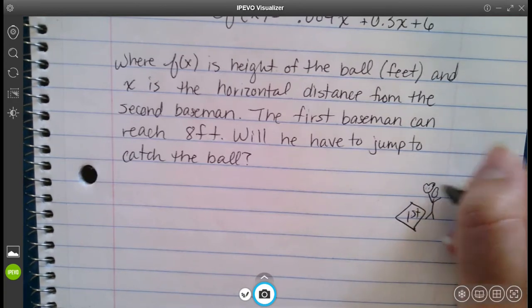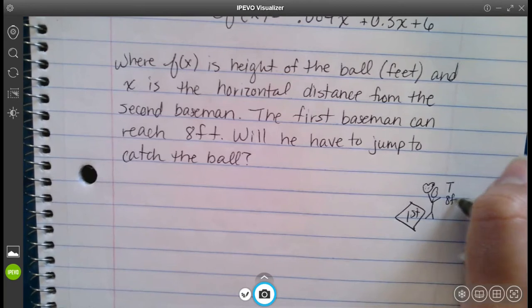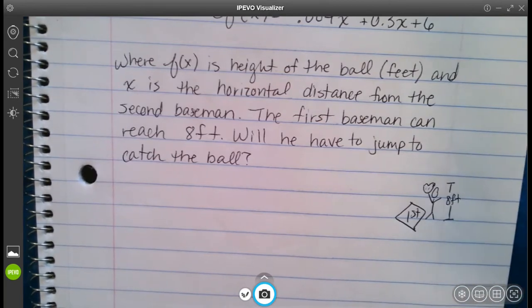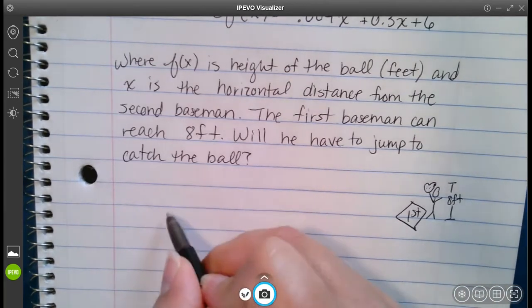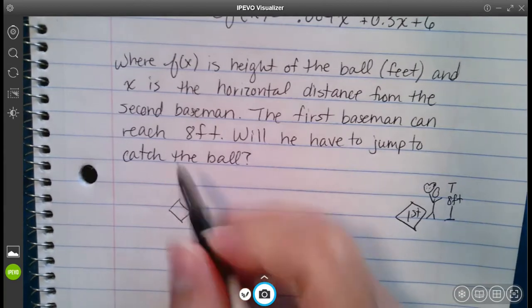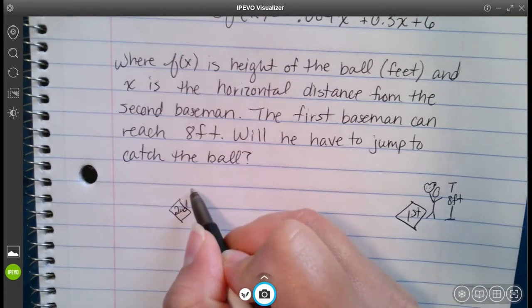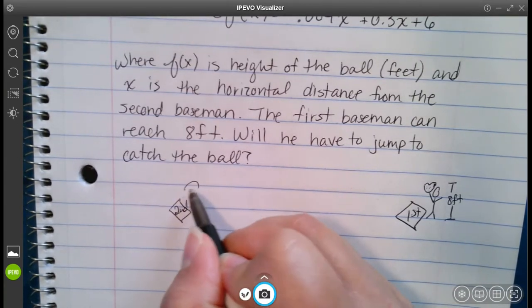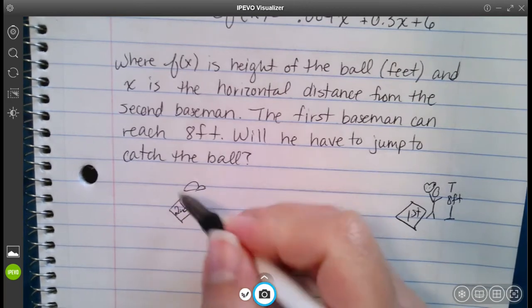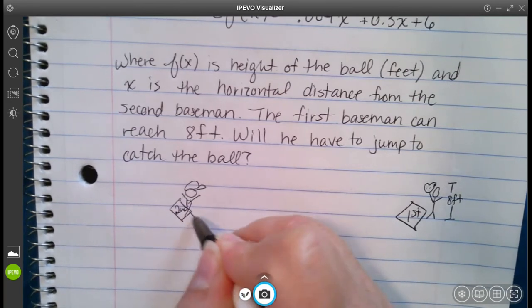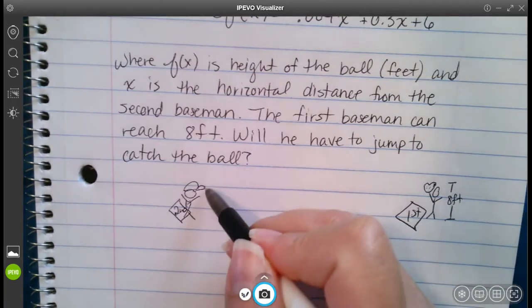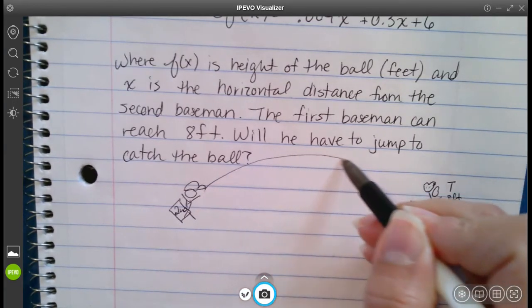So if he reaches up, this is 8 feet. And our second baseman, he's somewhere over here. I'm just going to put a baseball cap for this one. I guess we can give him a body too. There we go. He's going to throw the ball to this guy.